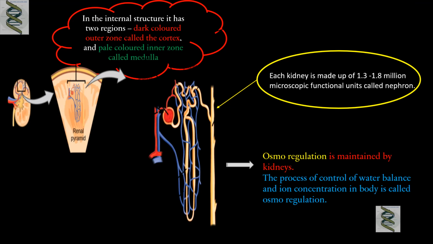So this is the prime function of kidneys. At one end it filters the blood and separates all the nitrogenous waste materials, and at the other end the kidneys perform osmoregulation. So this is about the structure of the kidney.